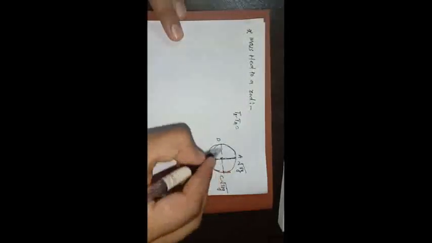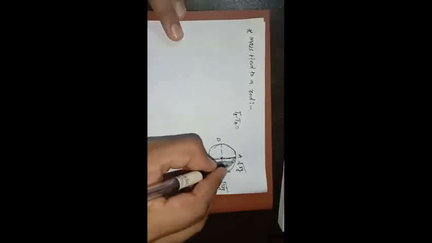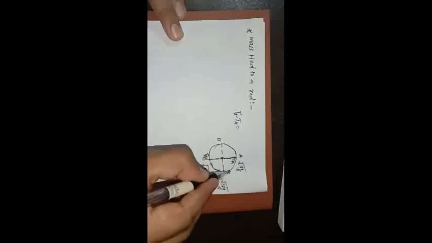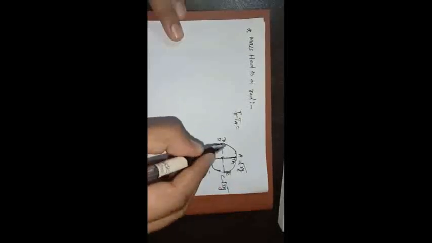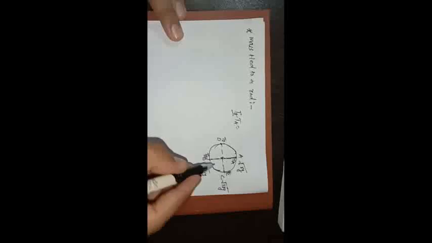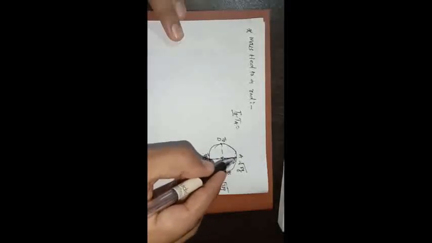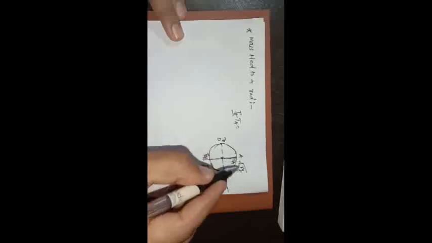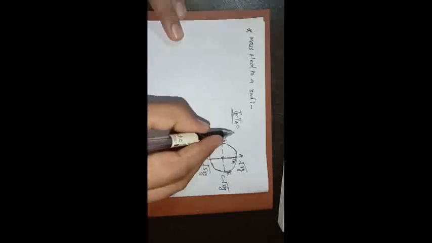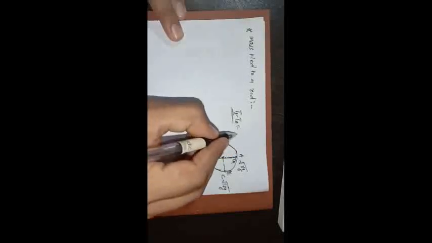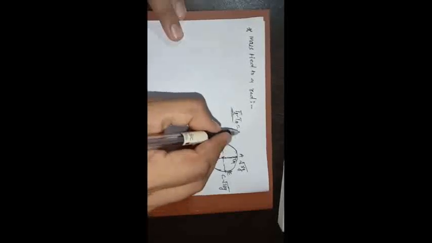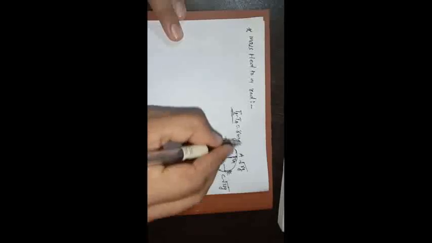These are the tensions in the string: TA is the tension at point A, TB at point B, TC at point C and TD at point D. TB minus TA is the tension difference between the lower and the highest point, which is equal to 6mg. That we also calculated in the previous point.